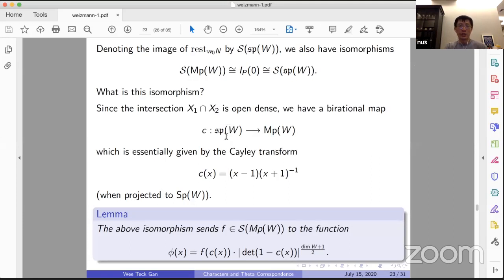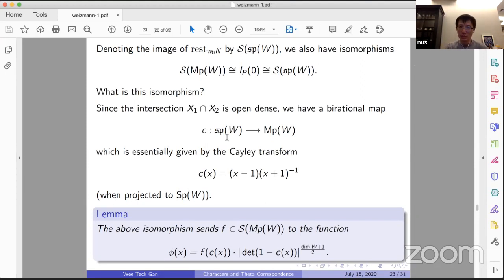Actually this map is just the identity map, because you are taking the intersection of x1 with x2, which is an open dense set, and you are just asking: if I have an element here, what is the relationship between the coordinates in the open Bruhat cell and the coordinates in this SPW?